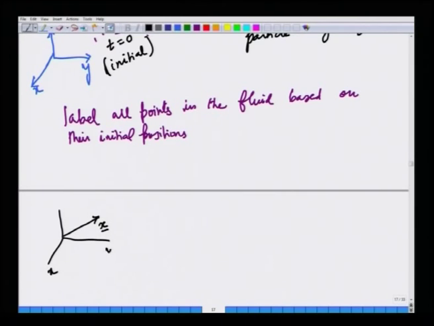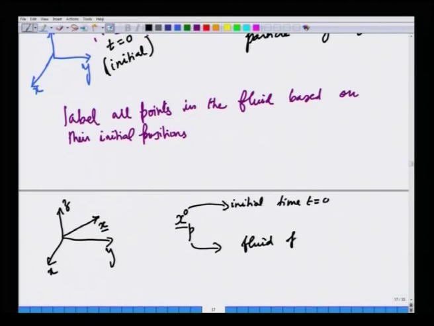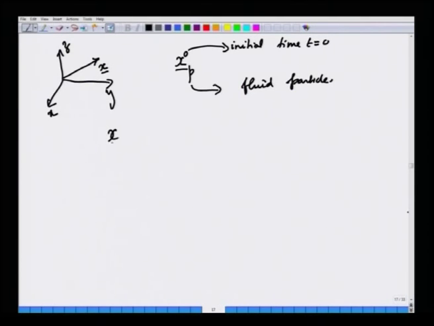So, this is the x, y and z coordinate system. So, x p 0, where 0 stands for initial time t equal to 0, and the subscript p denotes a fluid particle. So, x p 0 is a vector. It is comprised of 3 coordinates x p 0, y p 0, z p 0 in a Cartesian coordinate system.